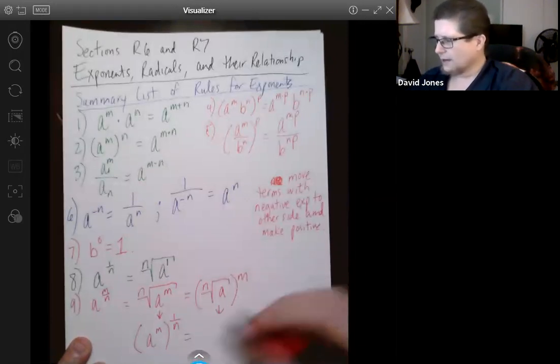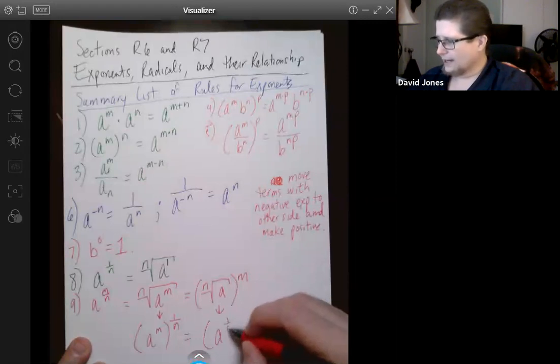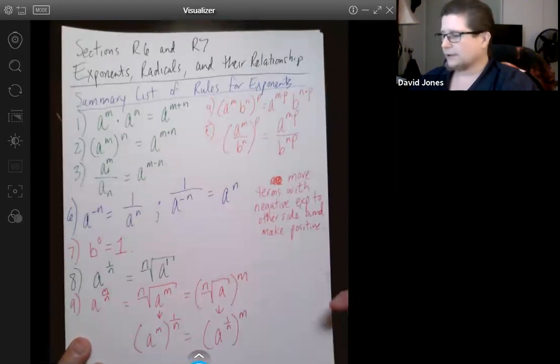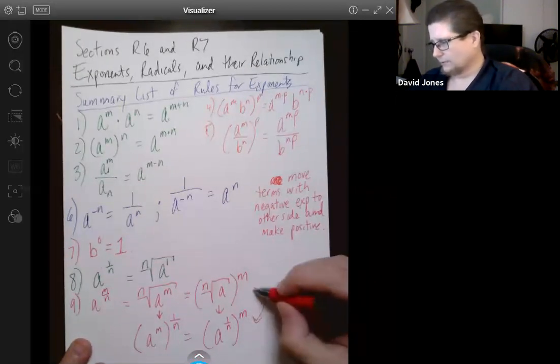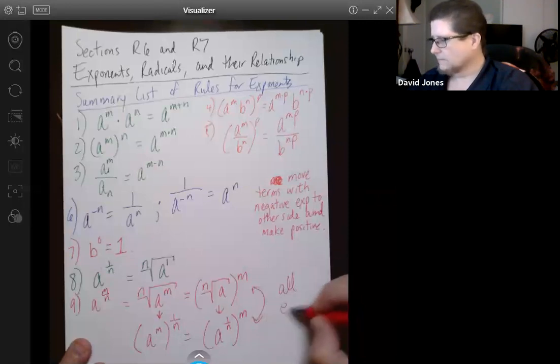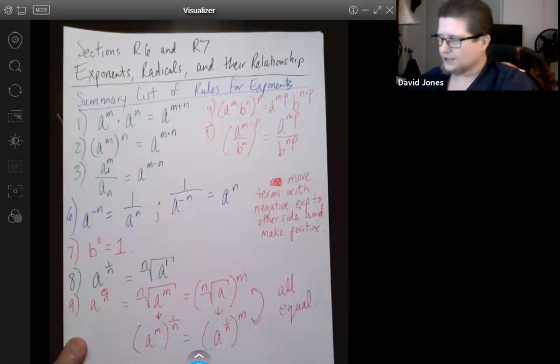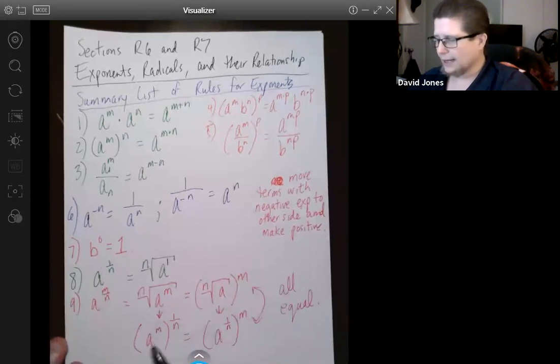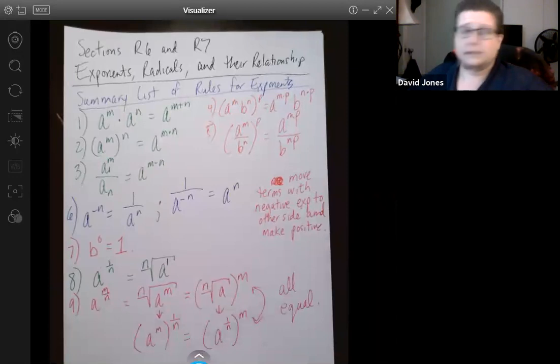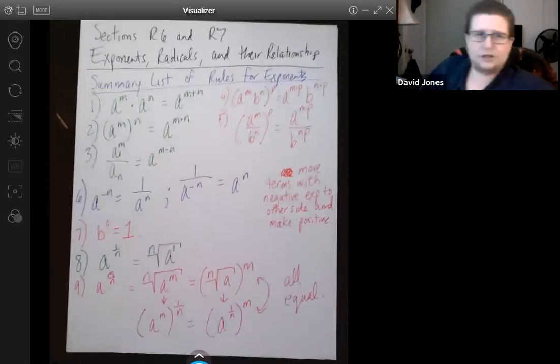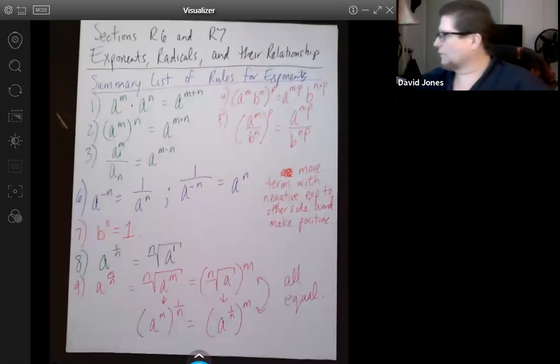And this is like writing a to the 1 over n raised to the mth power. And these are all equal. It has to do with the way fractions multiply, and their relationship with radicals. So I'll pause for a second and let you write them down, and then we're going to work over where we come up with all these and how we use them.